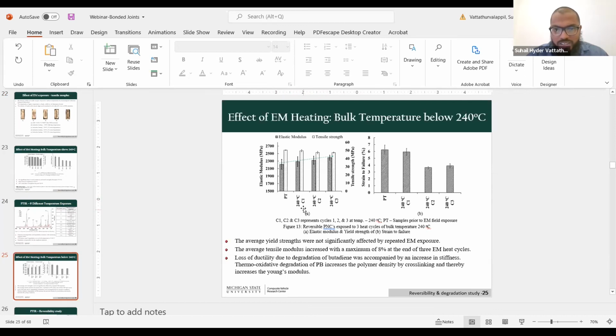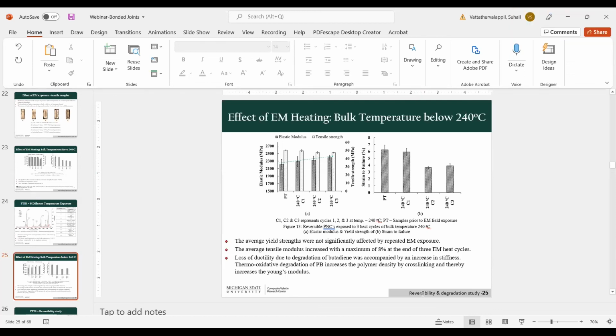Cycle number 1 is at 240C, then we cool down, give another cycle of heating, and then a third cycle of heating. Similarly, the toughness properties reduce by the time you reach the second and third cycle. This is something we have clearly observed even with the bonded joints. They increase the strength, but they reduce their toughness property. In other words, the strength was improved, but they failed much quicker.